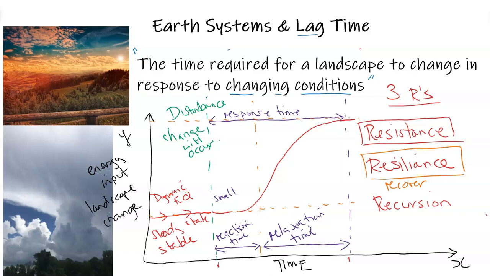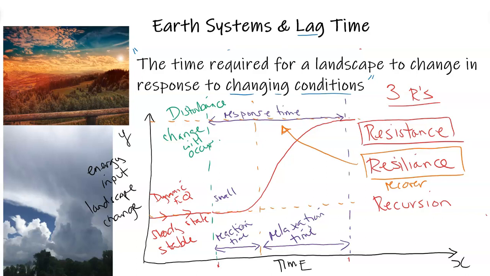So it's in relation to the response time and how efficient the environment is to respond and react through its response time to that disturbance and to get back on track in terms of creating a new threshold, new equilibrium, or even a negative feedback loop. So resilience is also a very important part of a system, especially with geomorphology and how it reacts, how it recovers, the speed of recovery.